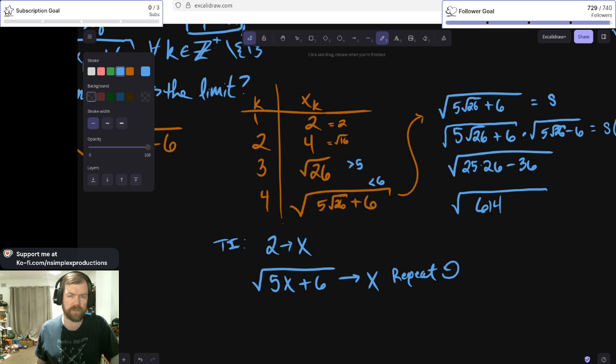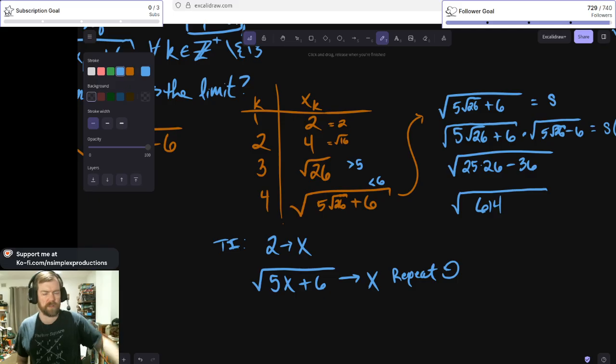And then plus 7 is going to get us, like I said, just over 31. Square rooted is 5.3 something. I don't know. Plug that back in. 5.3 times 5 is going to get us 26, 27 plus 6 is going to get us about 33. So it's still going to be increasing probably.